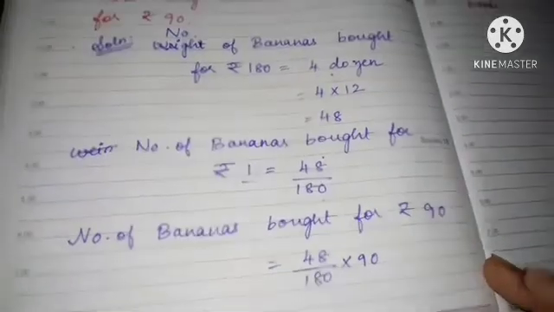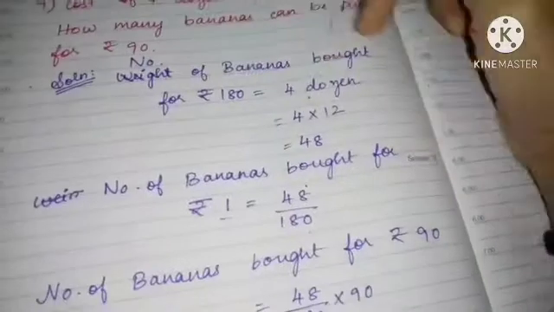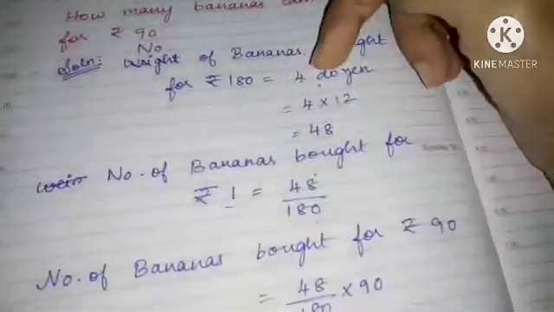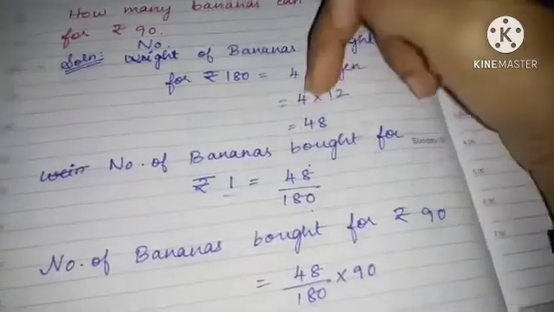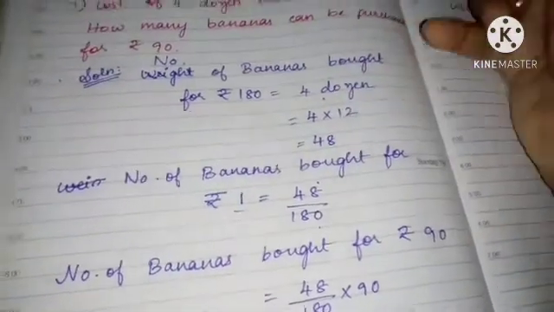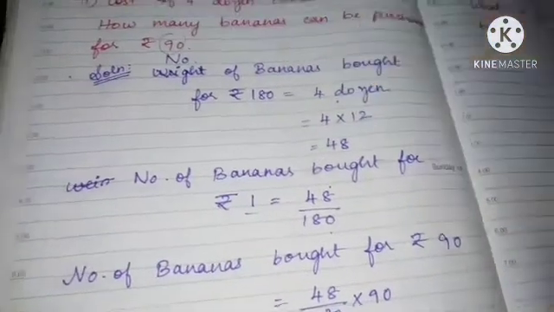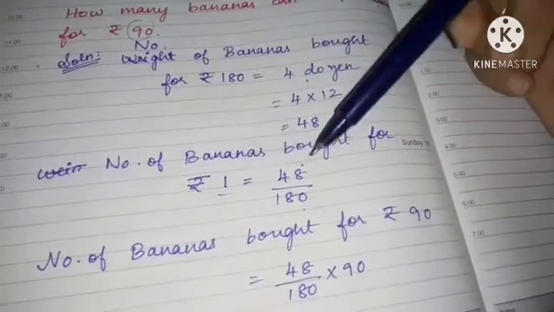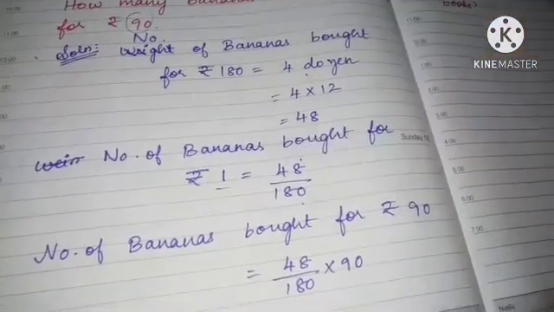See children, number of bananas bought for rupees 180 is 4 dozen. 4 dozen is nothing but 4 into 12, and 4 twelves are 48. Now we should find for 1 rupee, because we have to find for 90 rupees. Number of bananas bought for 1 rupee is 48 divided by 180.